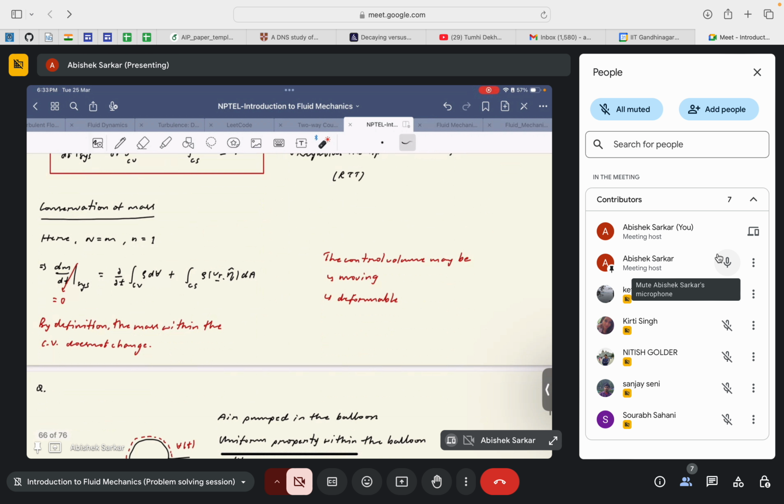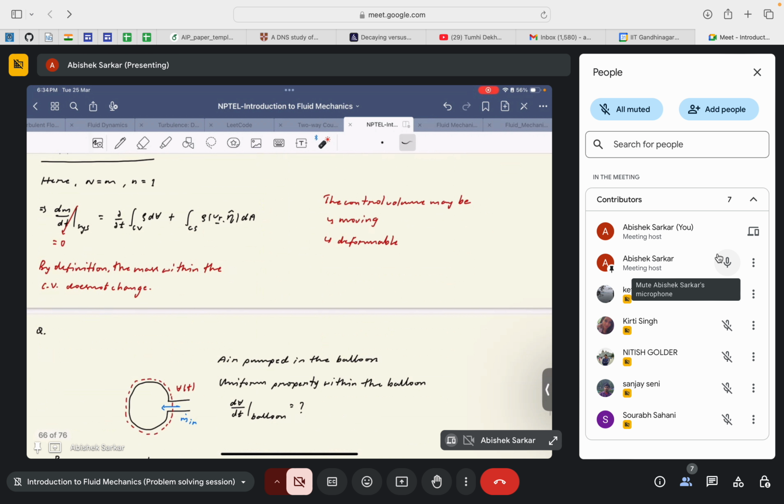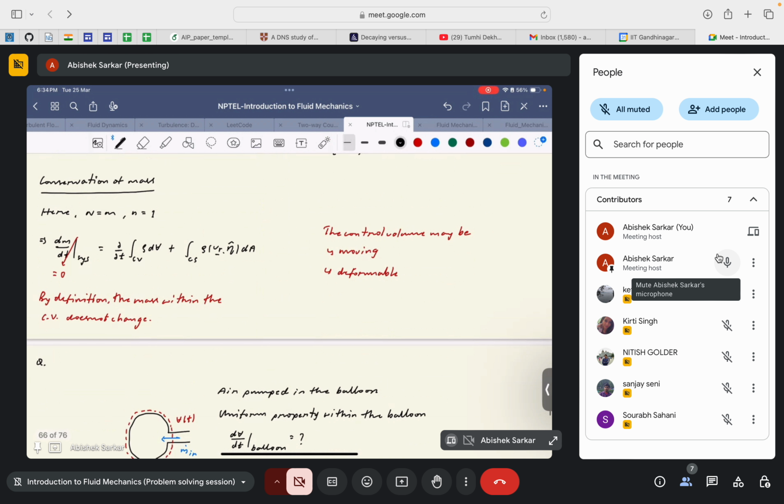So dm/dt for a control system would be equal to ∂/∂t of the volume integral of rho dV plus the surface integral of rho Vr dot n cap dA. Since mass can neither be created nor destroyed within a control system, dm/dt for a control system would be equal to 0. Let me write it in green color.